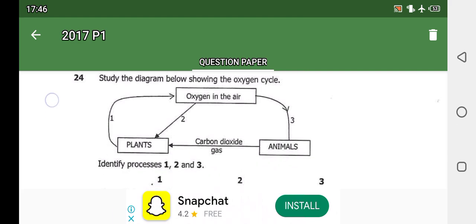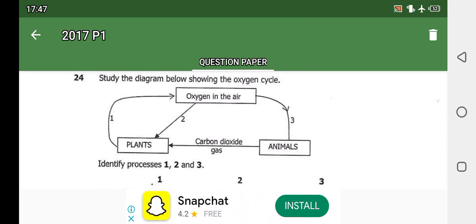24. Study the diagram below showing the oxygen cycle, meaning oxygen coming out from plants to the atmosphere. In which process can a plant release oxygen to the atmosphere? So that is with 1.